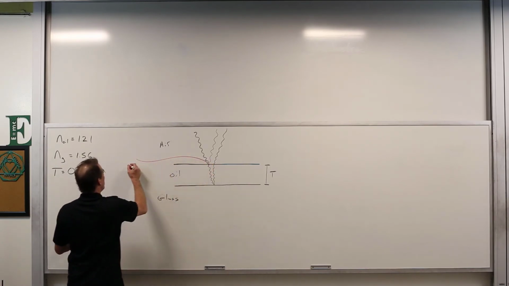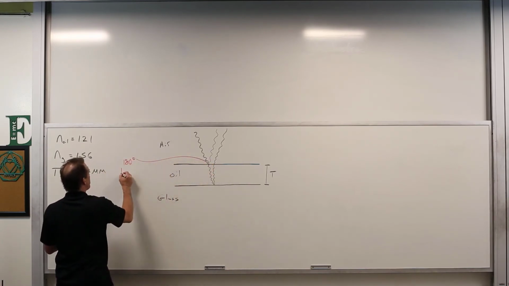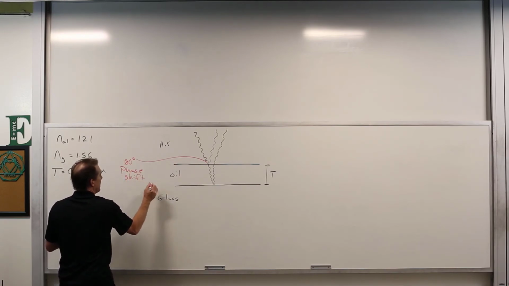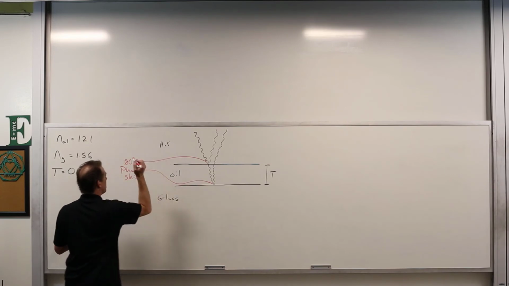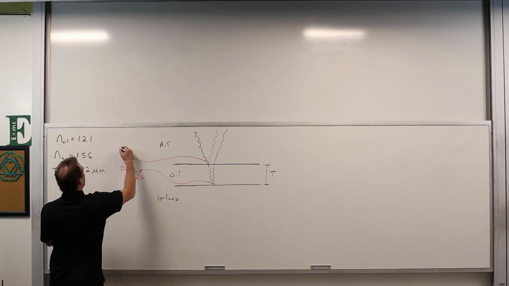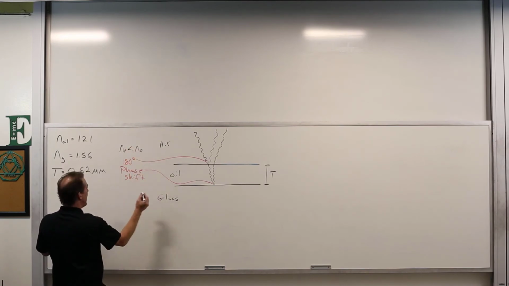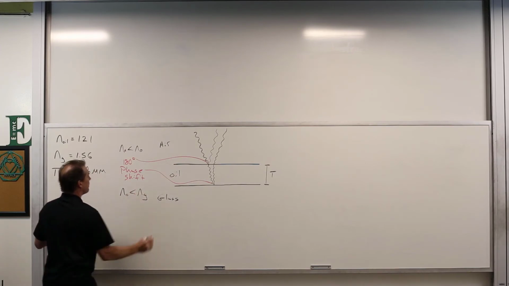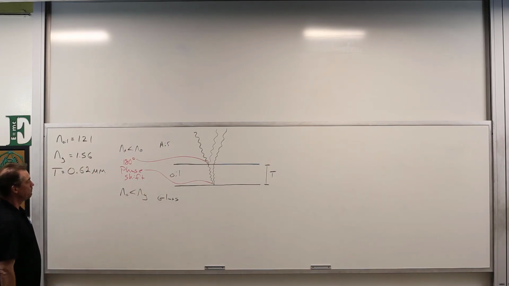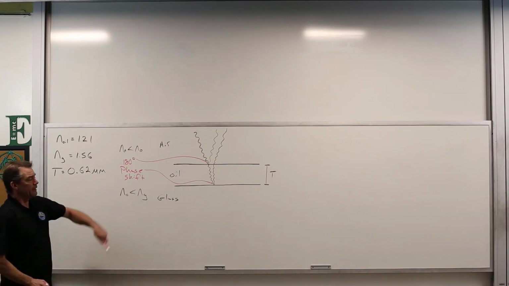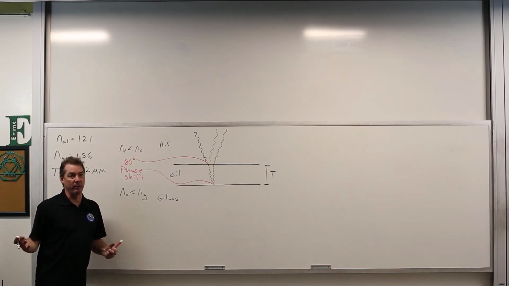Here, 180-degree phase shift, and here, 180-degree phase shift. Ultimately, because N sub air is less than N sub oil, and N sub oil is less than N sub glass. There we go. So we've got two 180-degree phase shifts that ultimately cancel each other out.